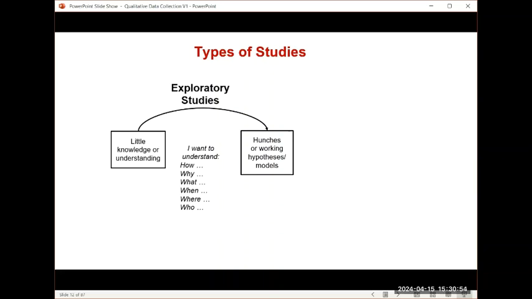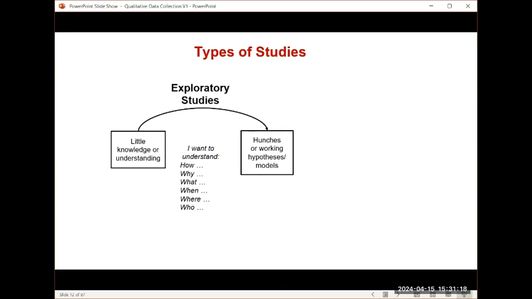You know that the sort of litmus test for you're doing exploratory research is if you can phrase it like this: I want to understand, and then fill in any of the following words: how, when, where, why, what, who. All right. So if you want to understand, then you're almost always doing exploratory.